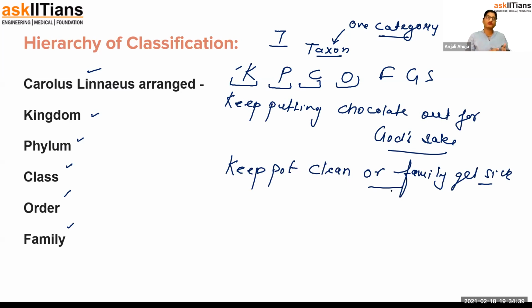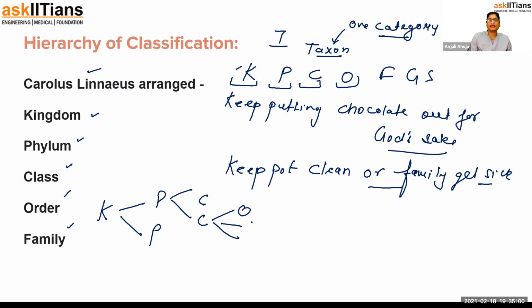Now let me help you with how you have to remember the definition. First, I'm just going to make a simple point here. Kingdom is classified into phylum. Phylum is classified into class, and a class can probably have 2, 3, 4, 5 categories. I'm not defining the number right now.